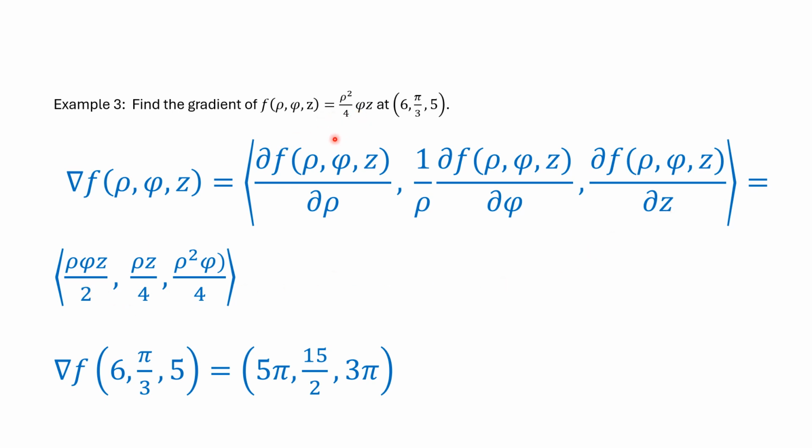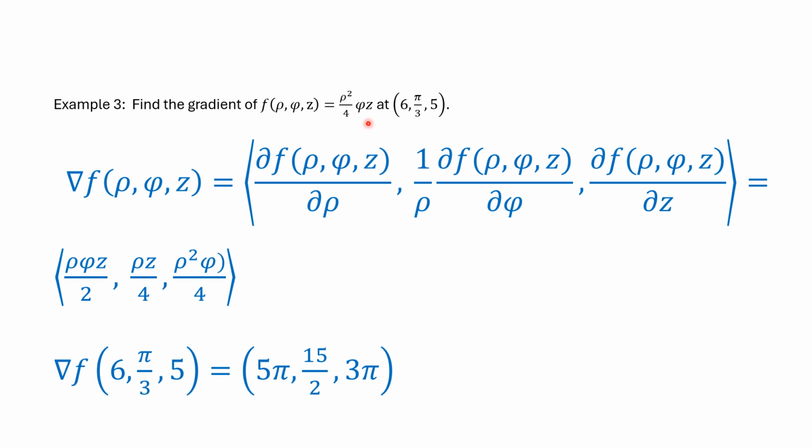For this particular function, the partial of f with respect to rho is going to be 2 rho over 4, or rho over 2. And then we treat the phi and z as constants. Then we take the rho squared, but we have a rho in the denominator here. It's part of the formula. So it's rho over 4.